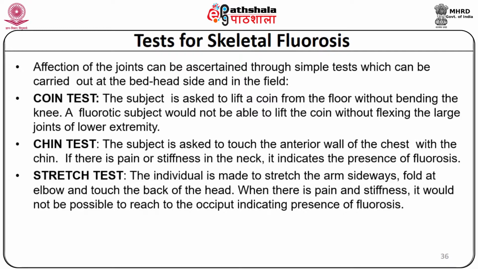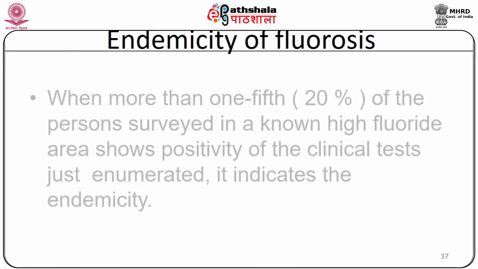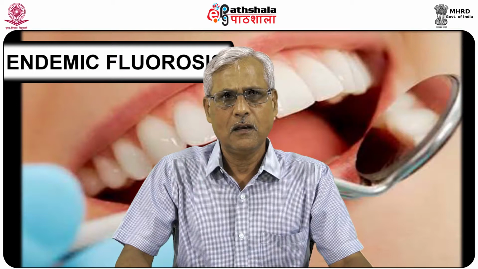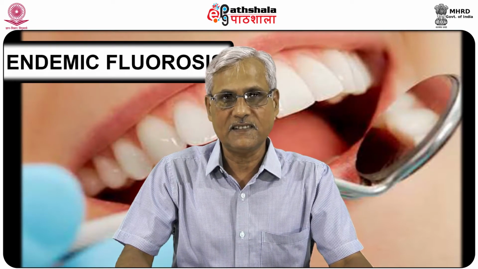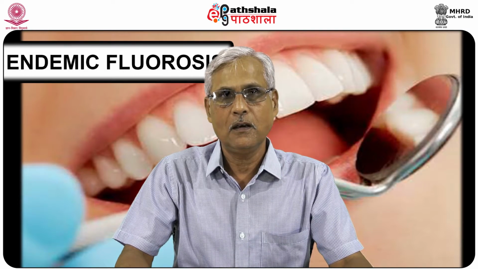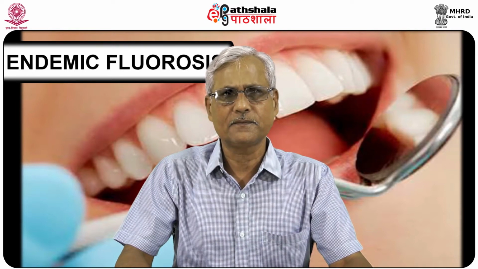The point of importance is that in a given area, endemicity of fluorosis can be identified by the criterion when more than 1/5 or 20% of the persons surveyed in a high fluoride area show positivity of the clinical tests just enumerated, meaning Quant test, chin test, or stretch test. And by applying these tests, if 20% of the population shows positivity, it indicates endemicity.